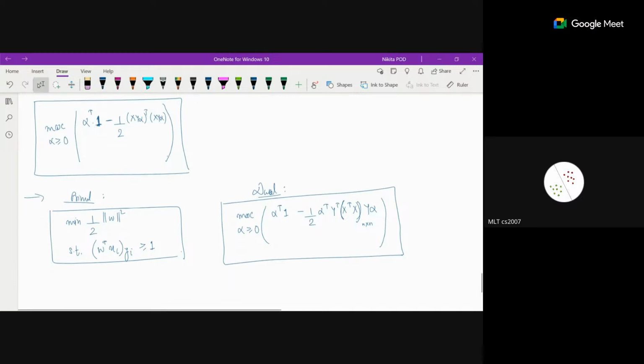And my primal problem was in D cross D. So only in the case where the number of features, your D, is very large, solving this dual problem is better. I mean, it's easier to solve this dual problem. But that is also not always possible.